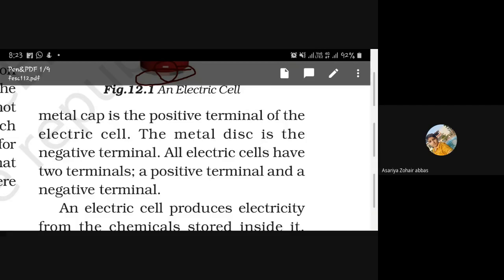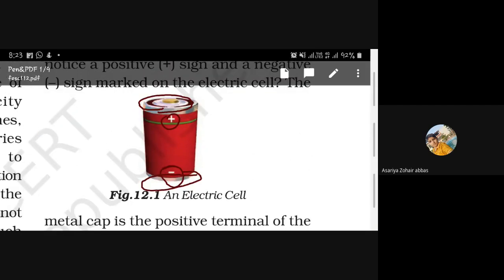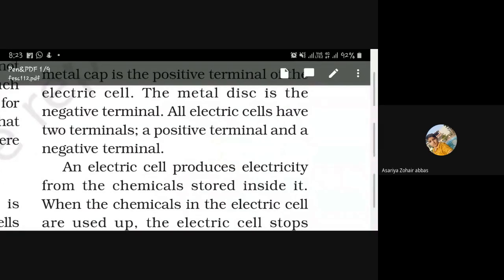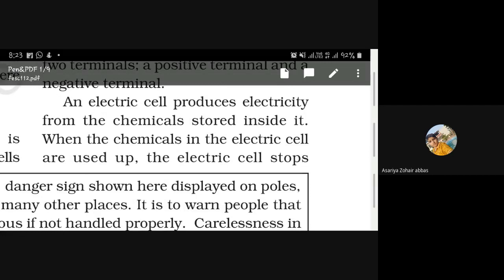Okay, wait, as I told you, the cap part is positive and the disc part is negative, and every cell has two parts. Compulsorily there are a positive terminal and a negative terminal. So you have to be very careful that there is one positive and one negative terminal.